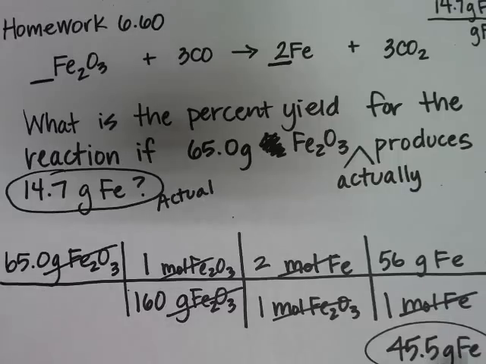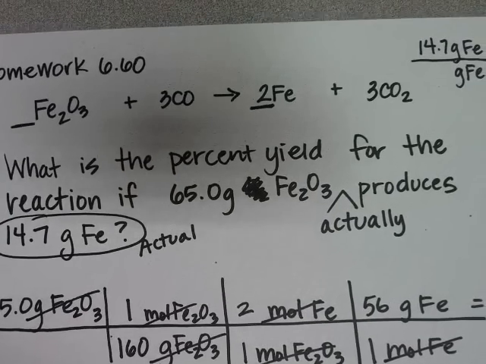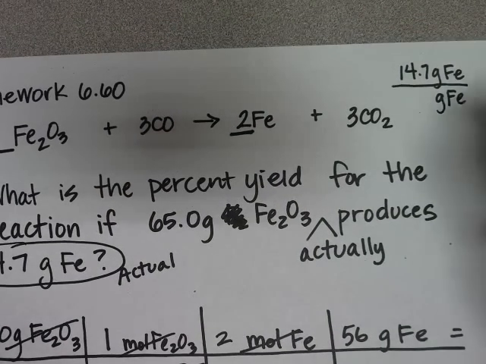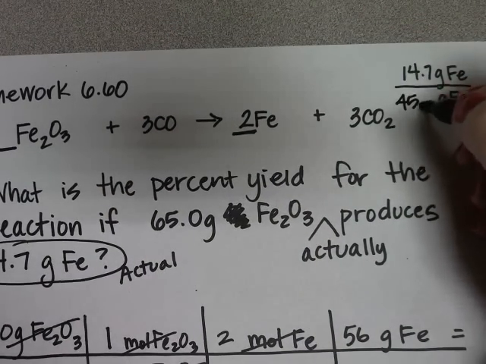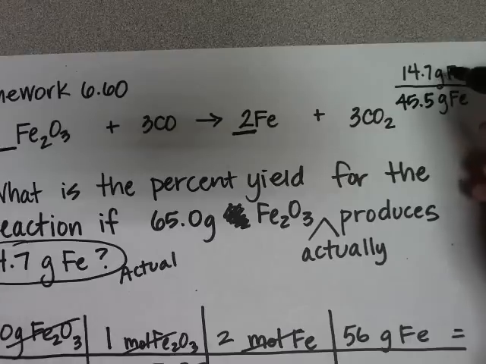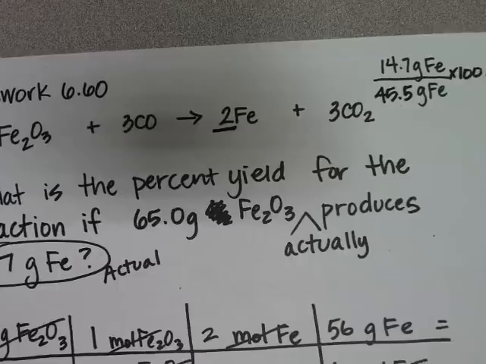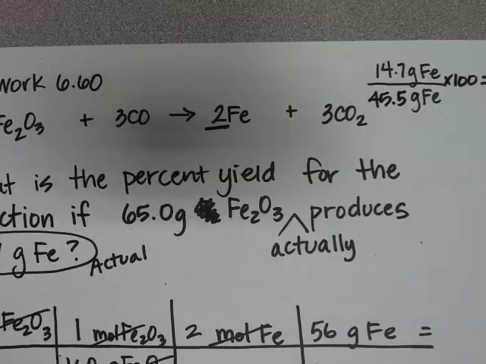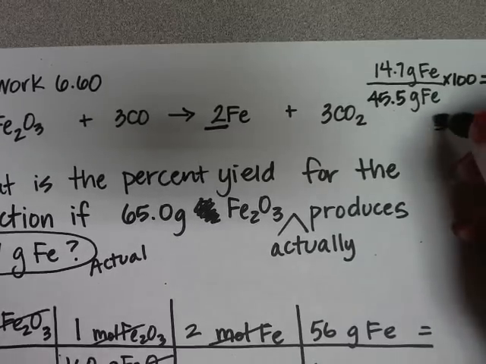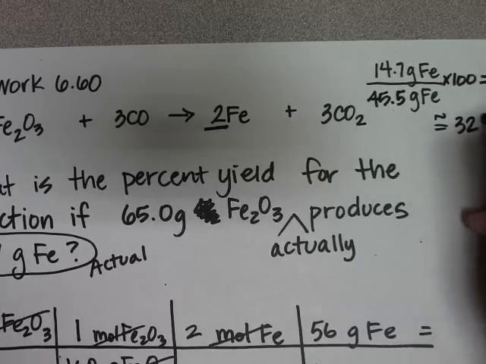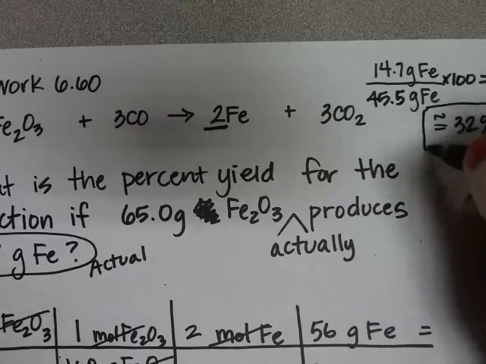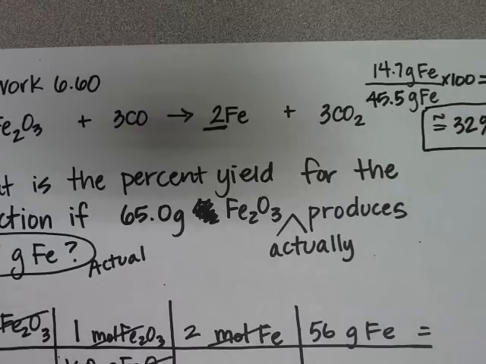So that 45.5, I'm going to take up here and plug it into my theoretical and compare it to the 14.7 that was actually produced. Times 100, that will give me my percent yield. And as I recall, it's going to be about 32%. So it's kind of a low percent yield, actually.